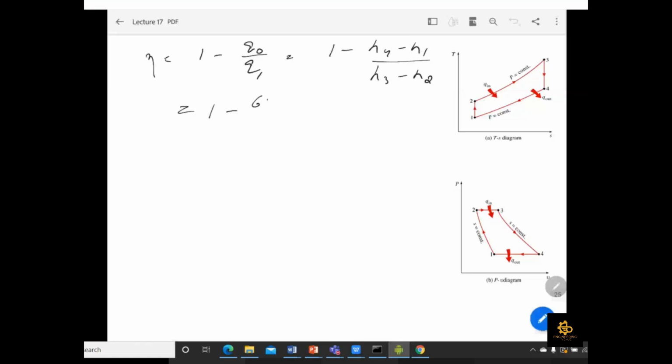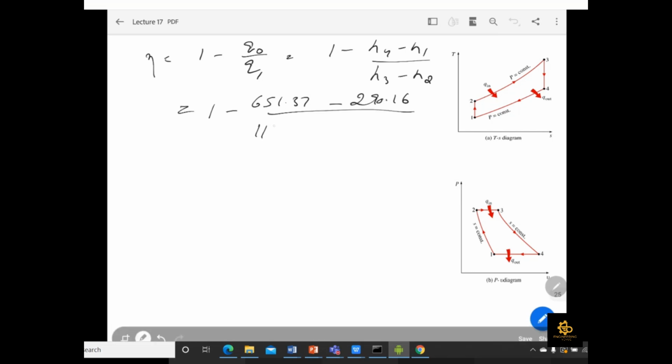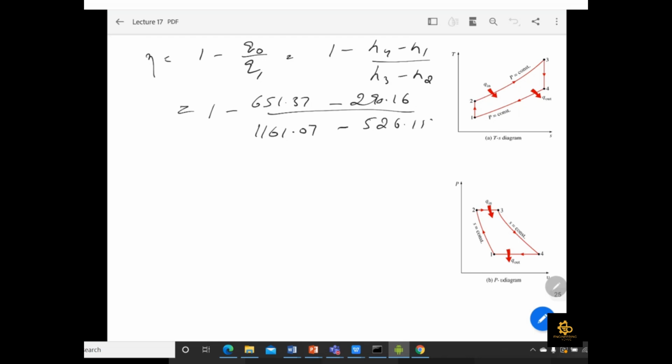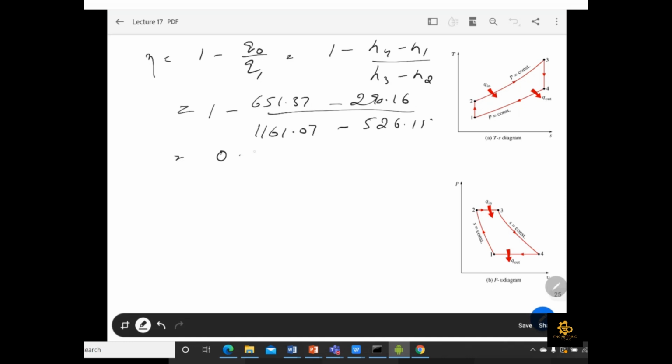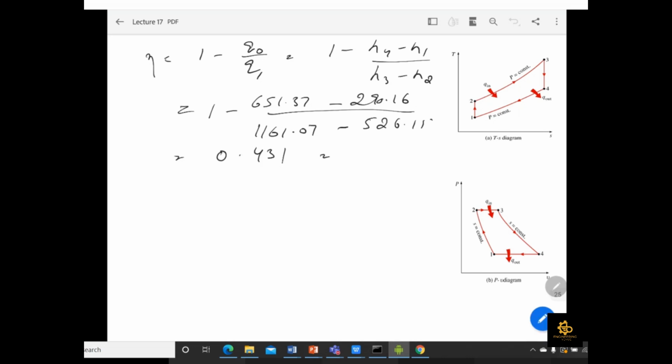H4 is 651.37, H1 is 290.16, H3 is 1161.07, and H2 is 526.12. From here we can easily find the efficiency value, which is 0.431, equal to 43.1%.